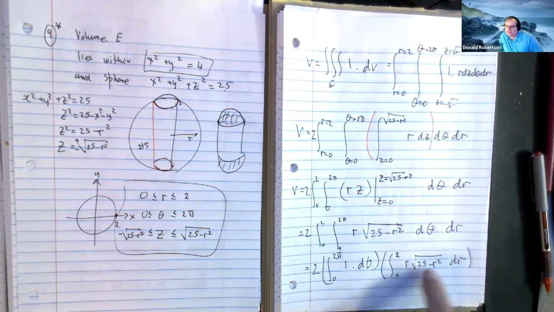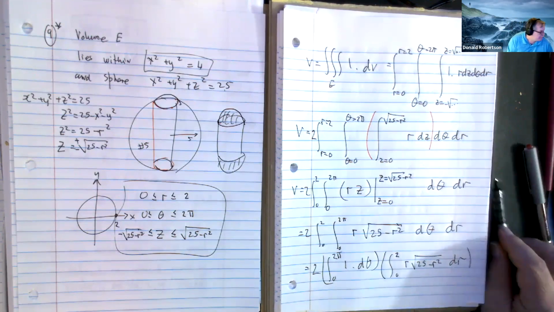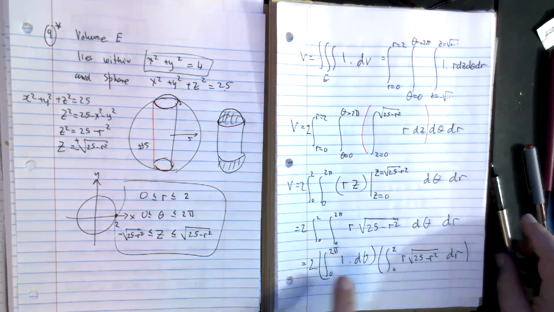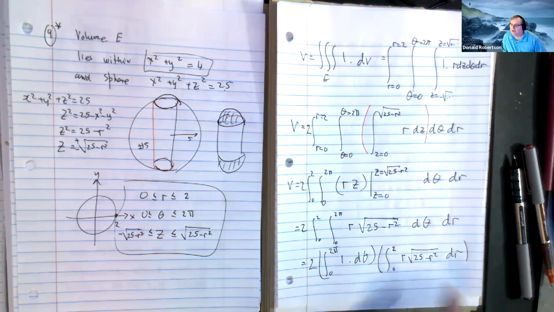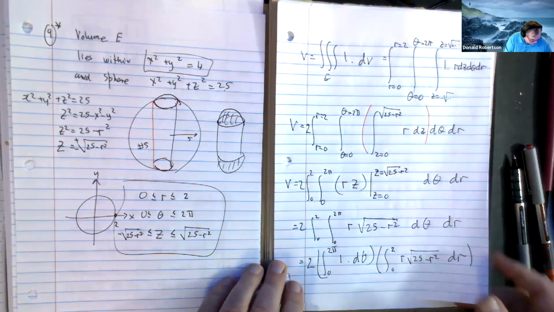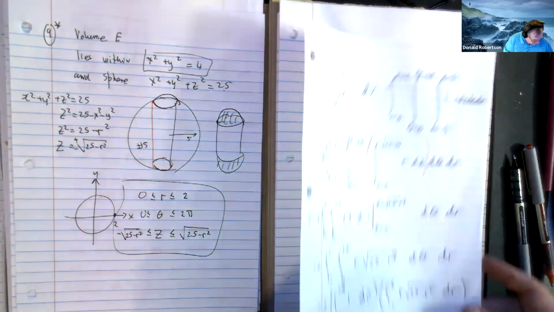That integral is doable. What method will you use to find it? U sub. U sub. And this guy is just 2 pi, isn't it? So it's 2 times 2 pi times whatever that ends up being, and you're done. I kind of like the symmetry thing. I wish I'd thought of that.